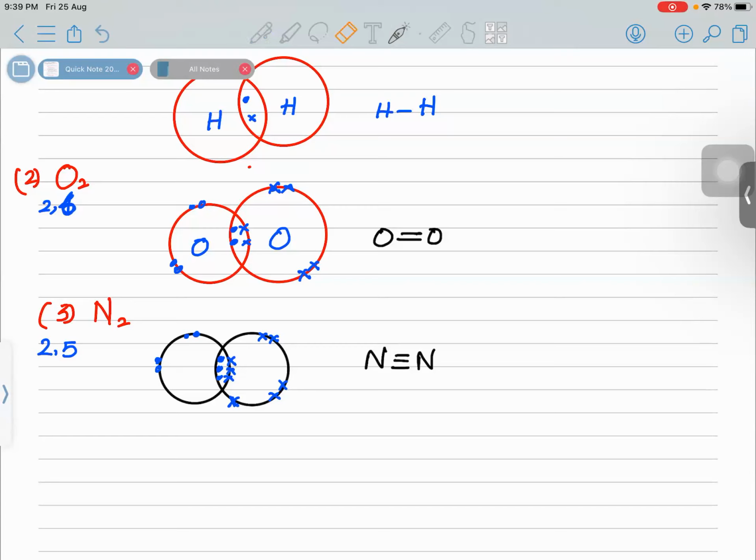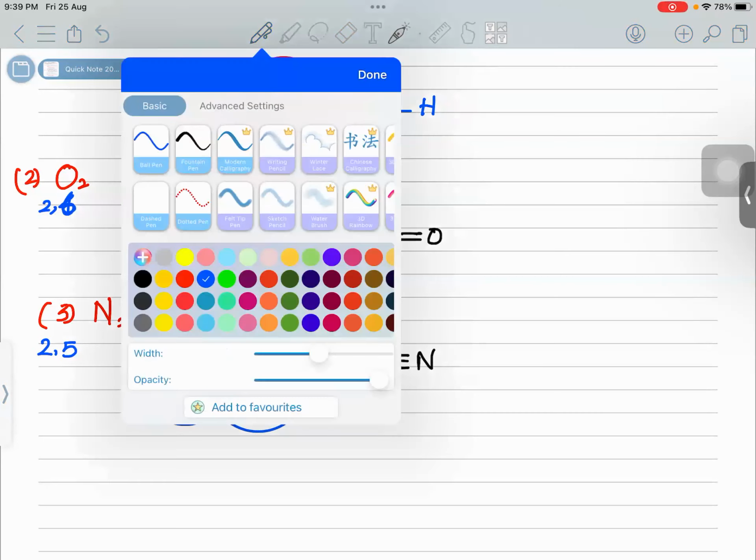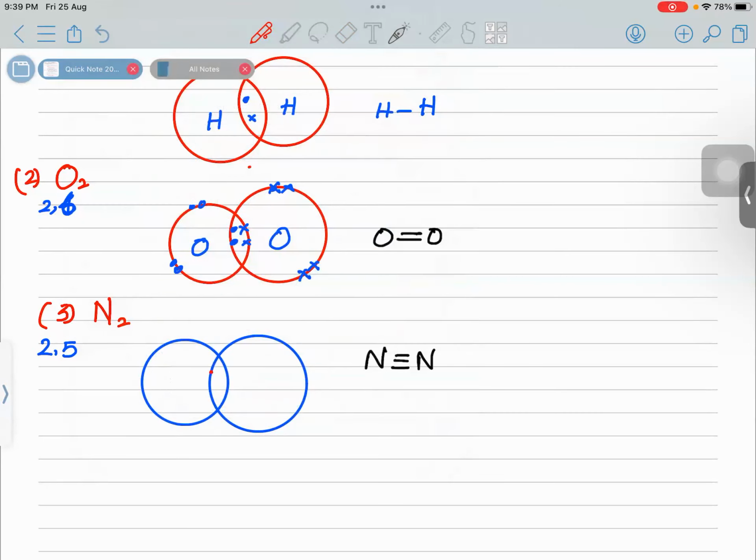So the correct way to draw this diagram is to first draw the valence electrons for the first nitrogen and then the valence electrons of the second nitrogen. Nitrogen has 5 valence electrons. You have a triple bond between the 2 nitrogen, and you have to memorize this.